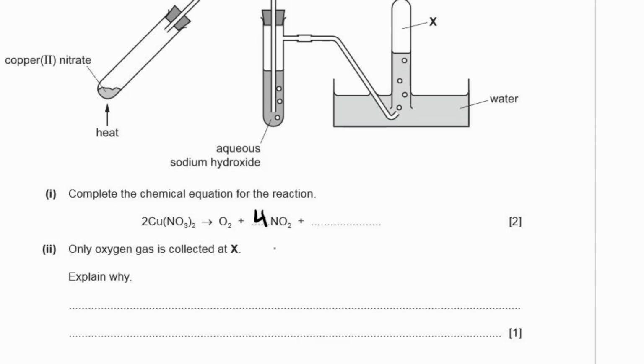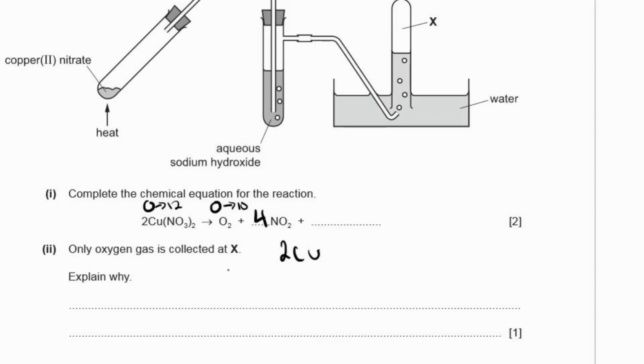Now, let's add up what's left. So right now we have 2 coppers needed. For the oxygens, we have 4 times 2, that's 8 oxygens, plus another 2, that's 10. So we have 10 on that side, and on this side, we have 3 times 2, that's 6, and 6 times 2 is 12.